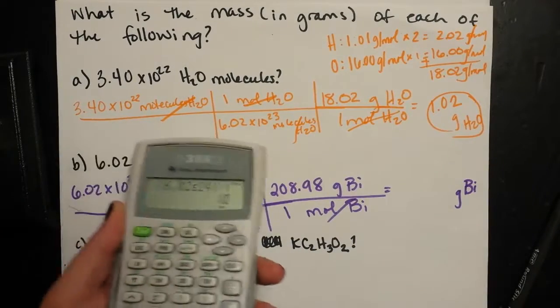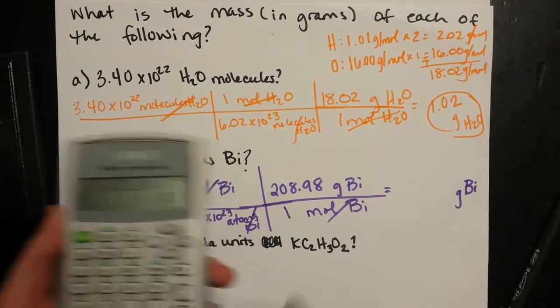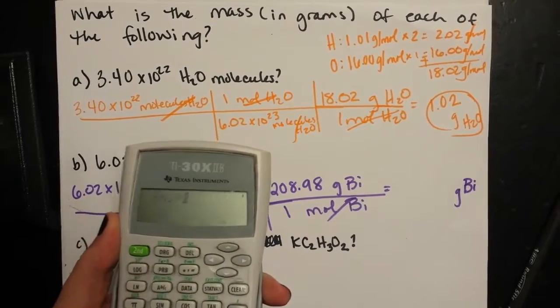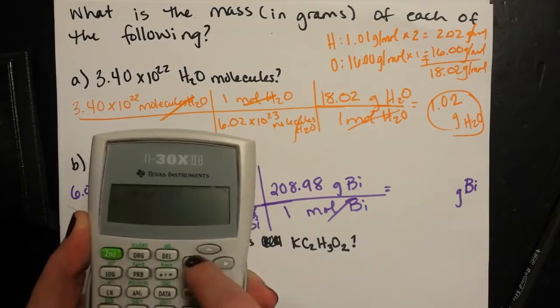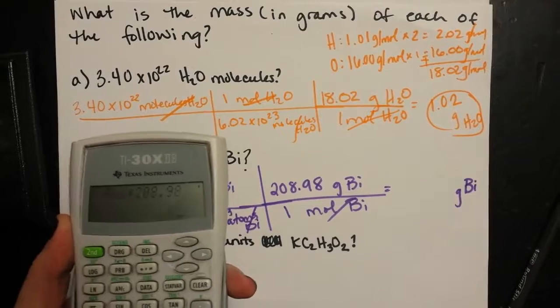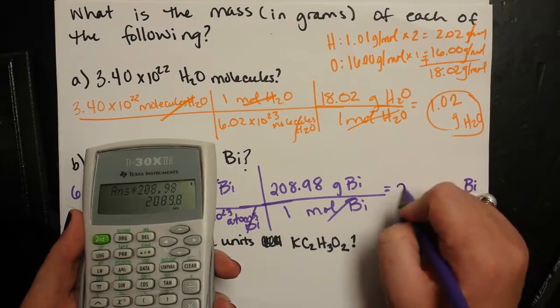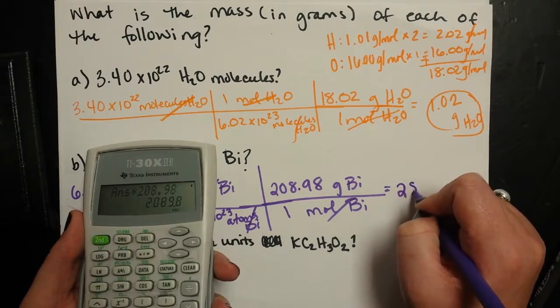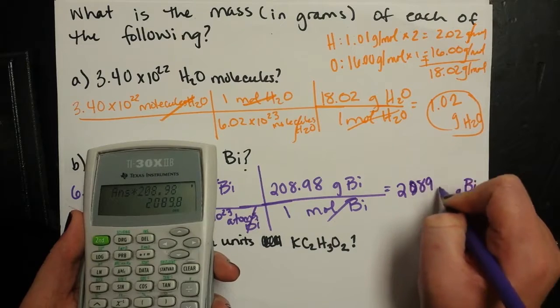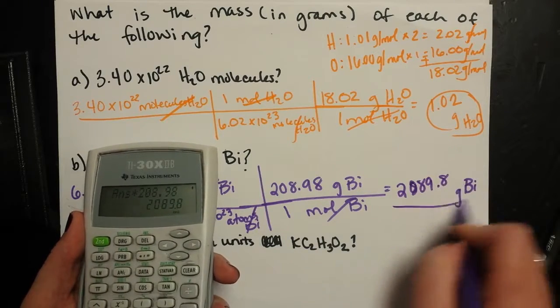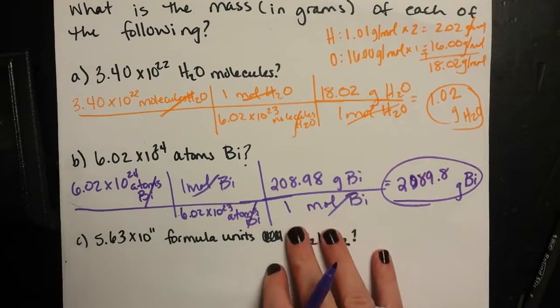And what do you know? We get 10. Go ahead and multiply that by 208.98. And you should get 2089.8 grams of bismuth.